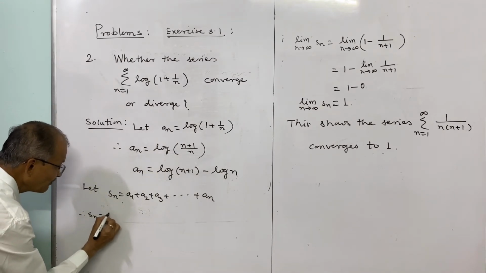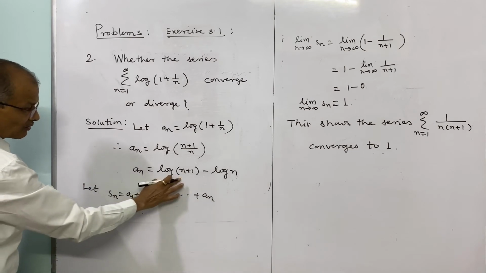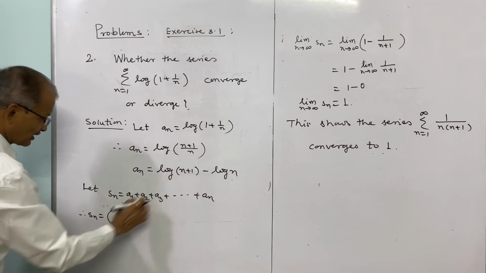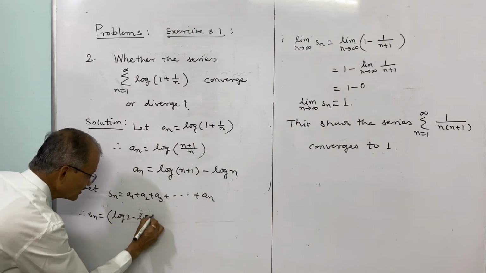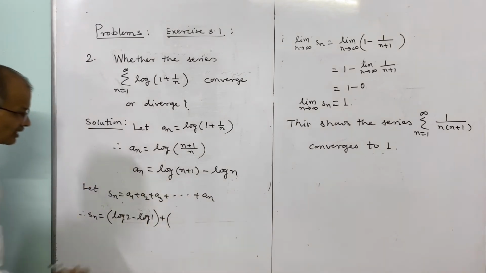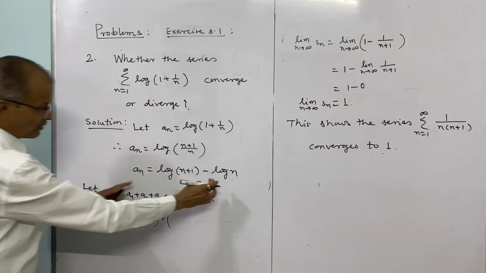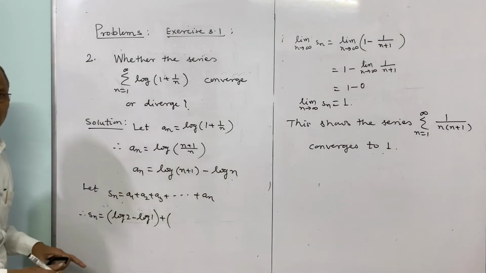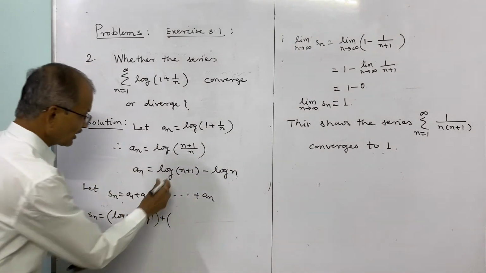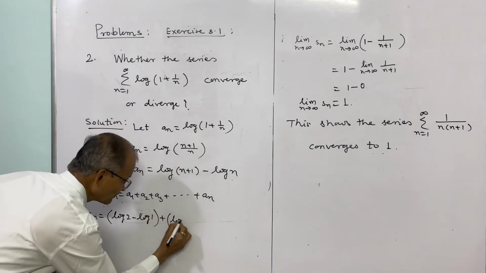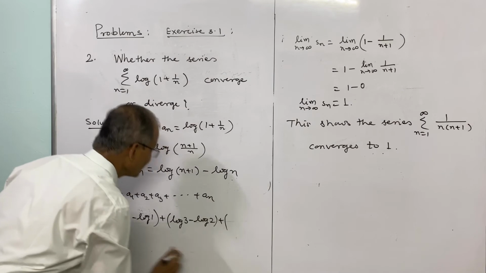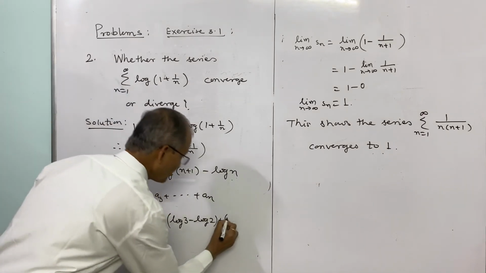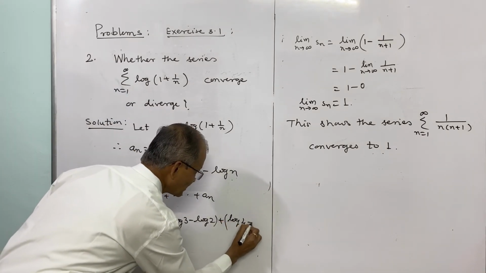Sn will be a1, which means put n equal to 1 in this expression: log of 1 plus 1, that is log 2 minus log 1, this is a1, plus put n equal to 2 to write a2. These terms are in subtraction, so we should write them in brackets. So n is 2, this is log 3 minus log 2, and plus next will be log 4 minus log 3, and so on.